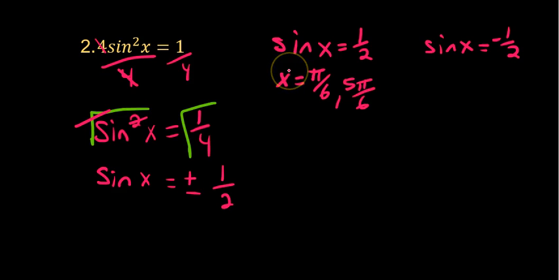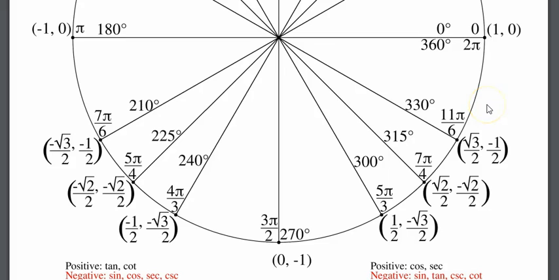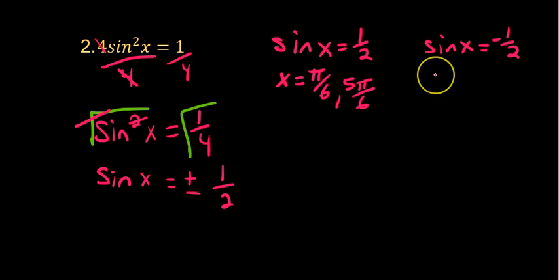Now I want to look up where sine x is -1/2. Sine x is -1/2 here and here. So I'm looking at 7 pi over 6 and 11 pi over 6. So I have x equals 7 pi over 6 and 11 pi over 6. And that is our example 2.